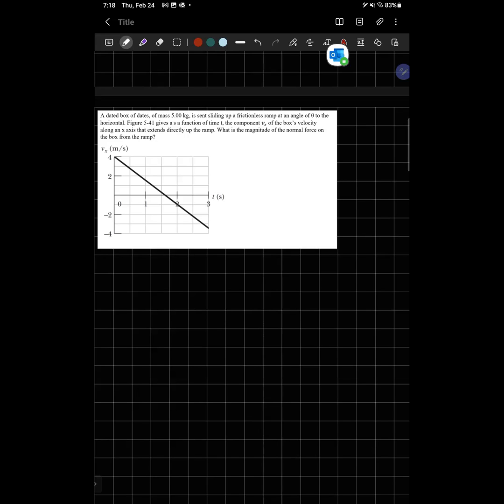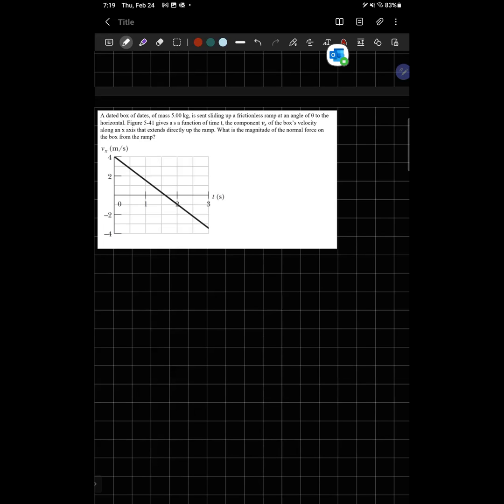Figure 5-41 gives the component Vx of the box velocity along the x-axis that extends directly up the ramp.